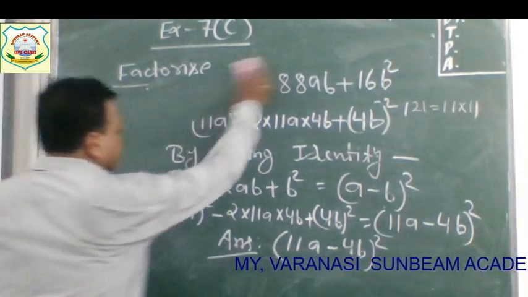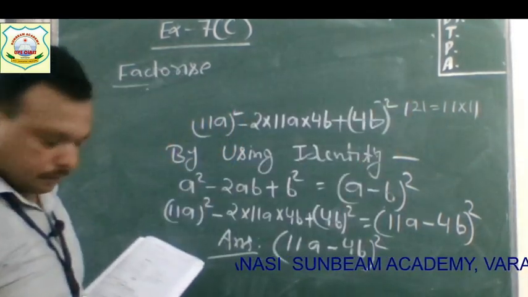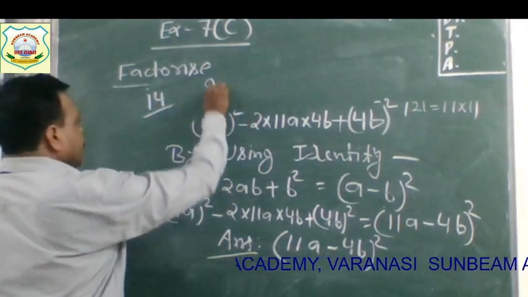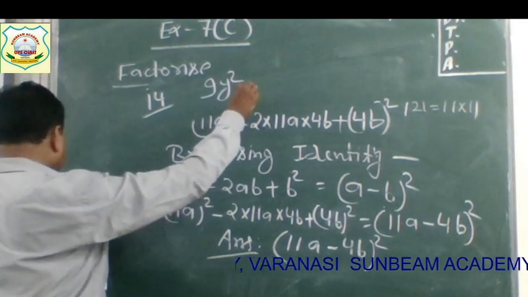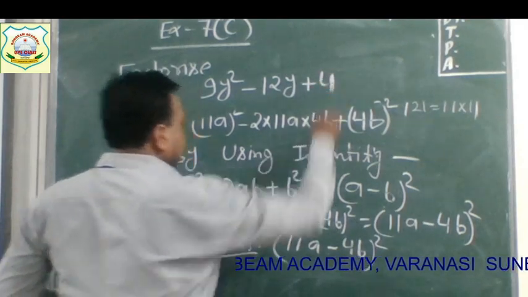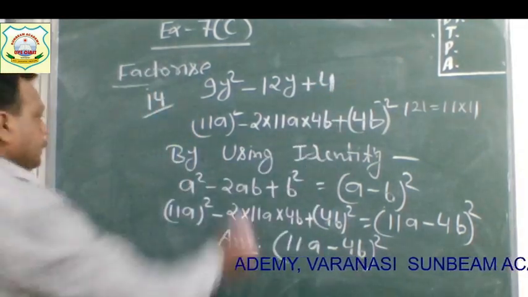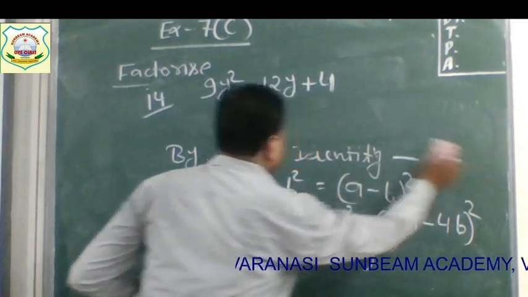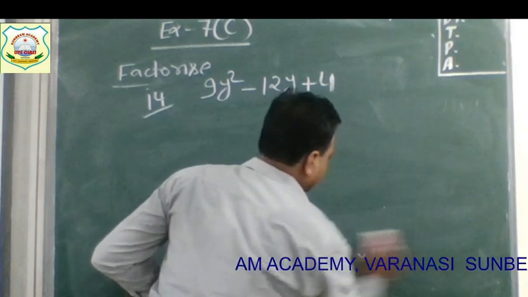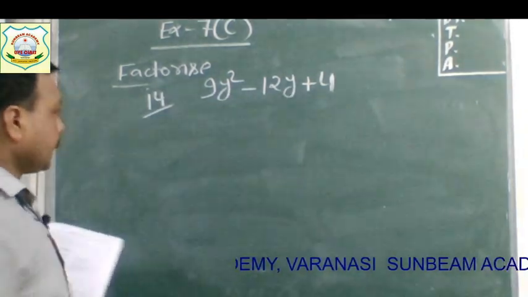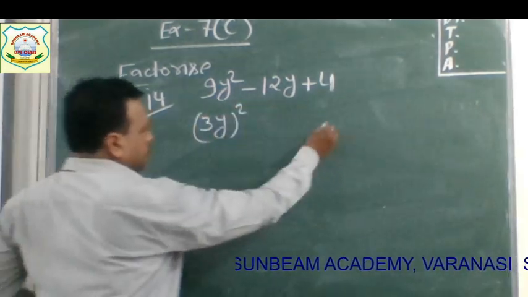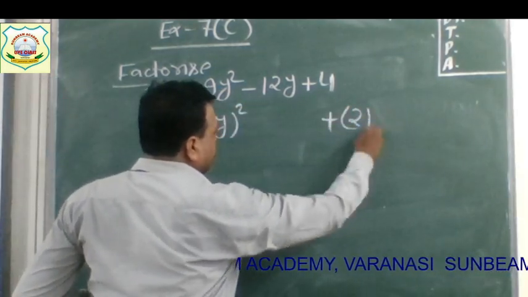So now I am telling you question 14. Given is 9y square minus 12y plus 4. As before, 9y whole square we should write as 3y whole square, plus 4 is the square of 2, 2 square.